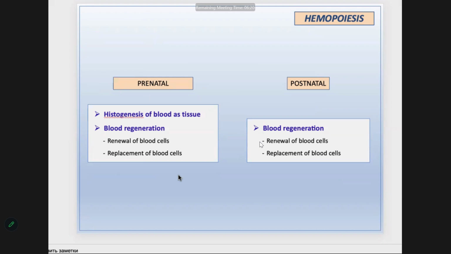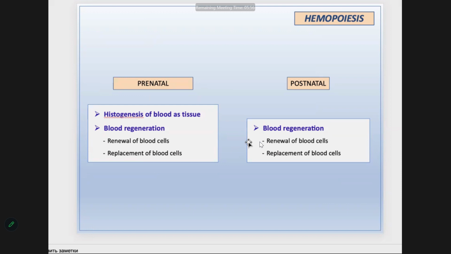Prenatal hemopoiesis is a histogenesis of blood as a tissue and regeneration of blood, renewal and replacement of blood-formed elements. In post-embryonic hemopoiesis, we can see only the regeneration of blood and not the formation of blood as a tissue.